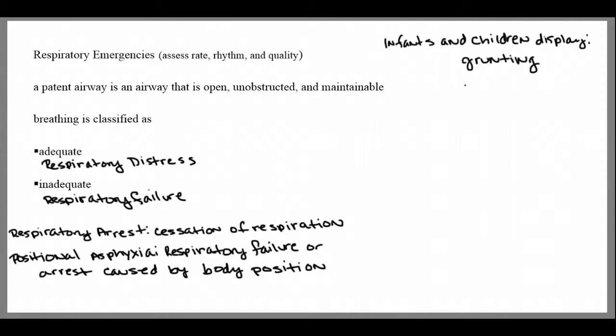Seesaw breathing is when the chest and abdomen move in opposite directions. Nasal flaring, and also retractions, which is pulling in of muscles in various places. So grunting, seesaw breathing, nasal flaring, and retractions.